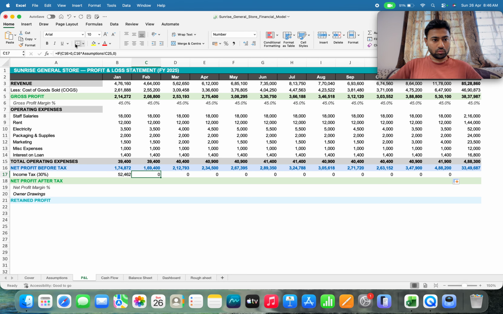What we have to do is simply change this C16, it's taking C16.